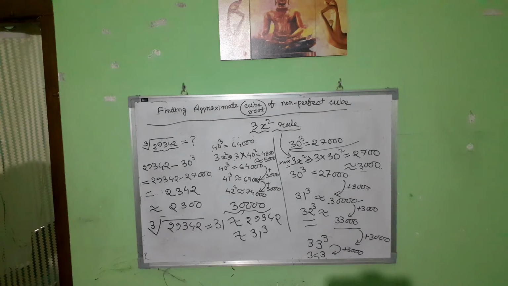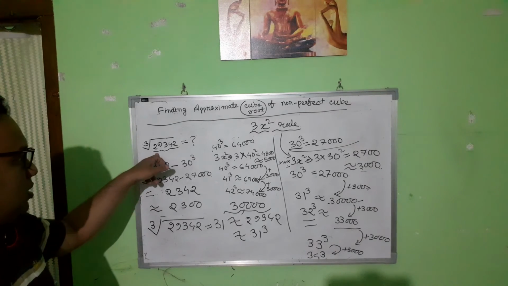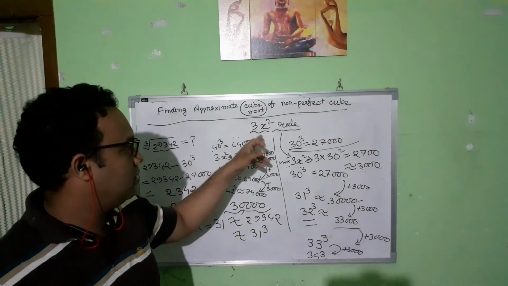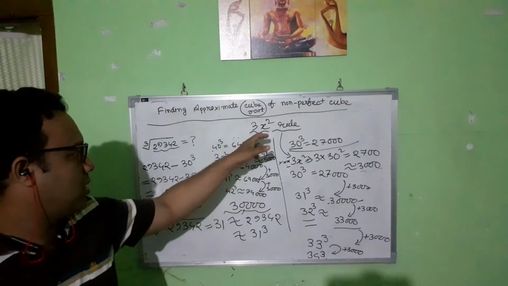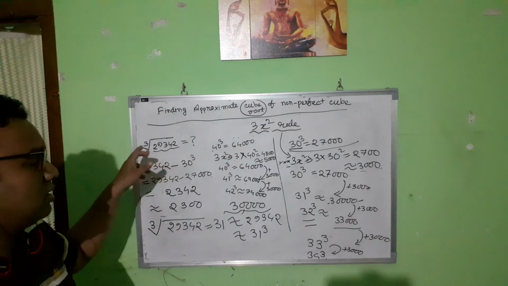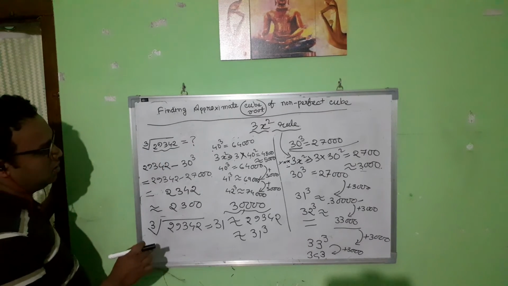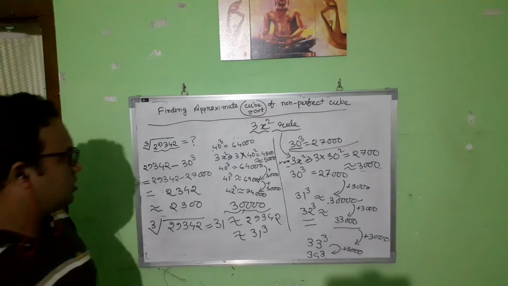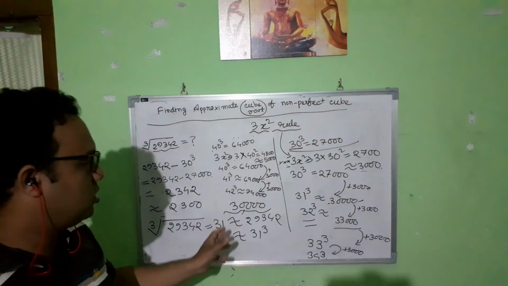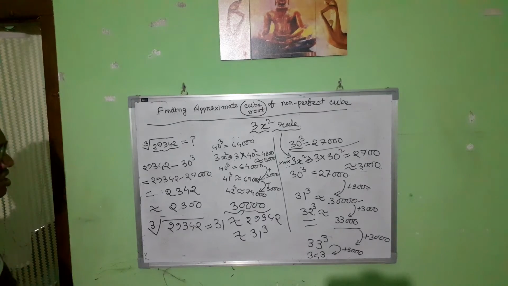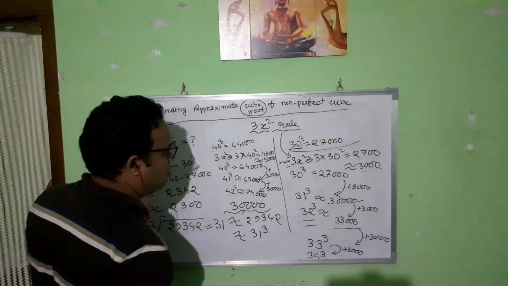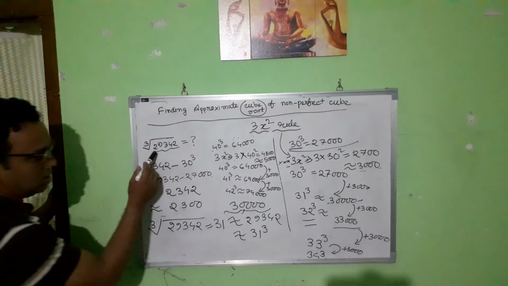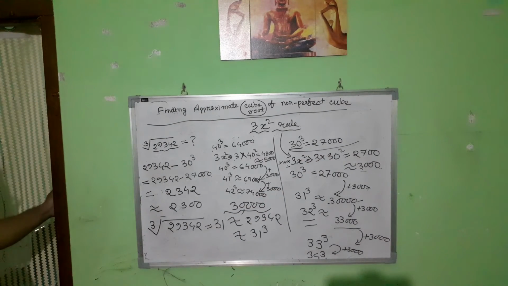Alright, again look at this problem. First, what I have done, I tried to find this number in the cube series. I'm not applying the formula, I'm trying to guess what might be the number that is closer to this number. And when I look at this chart, or when I try to find out by calculating or multiplying, I find that 30 cube, which is 27,000, is really closer to the number 29342.